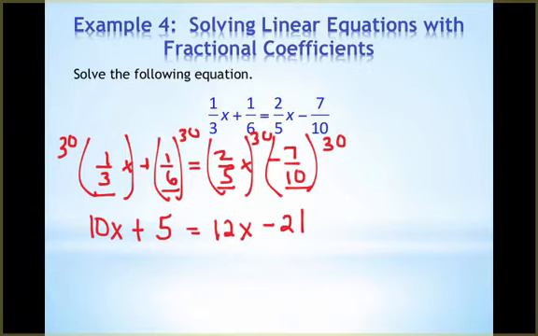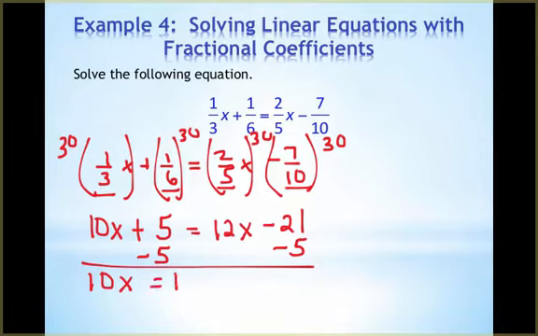Now we can combine like terms. We're going to subtract 5 from both sides and get 10x equals 12x minus 26.